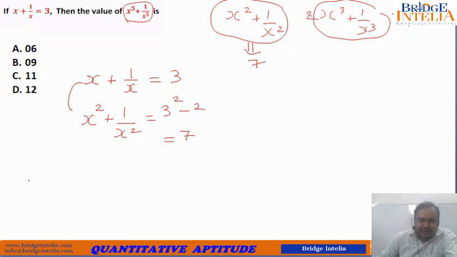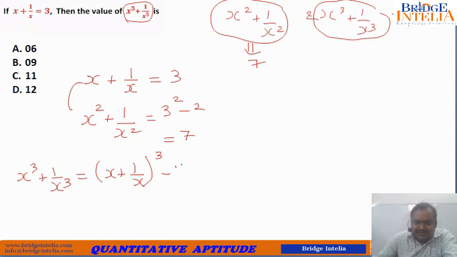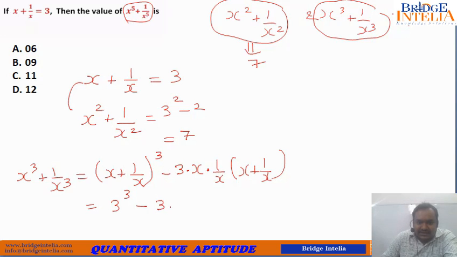So x cube plus 1 by x cube is equal to (x plus 1 by x) whole cube minus 3 into x into 1 by x into (x plus 1 by x). So this is equal to 3 cube minus 3 into 3. That means 27 minus 9 comes out to be equal to 18.